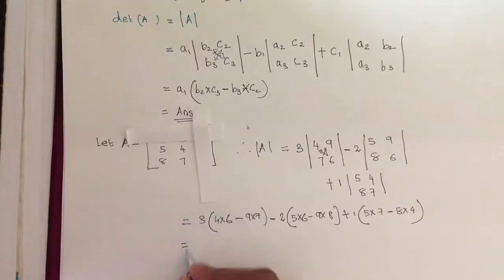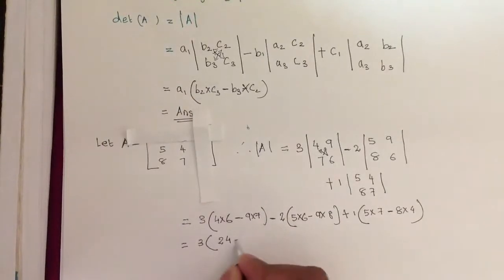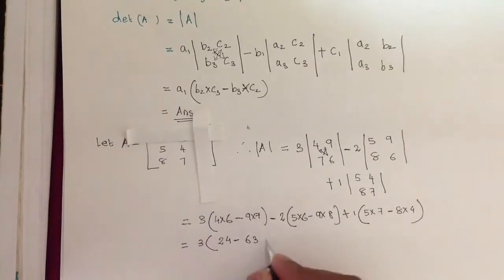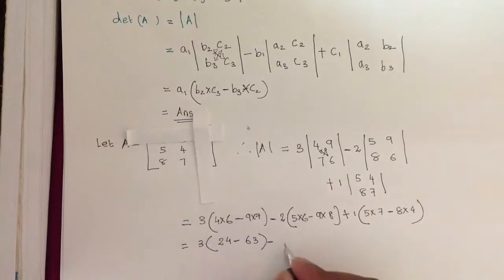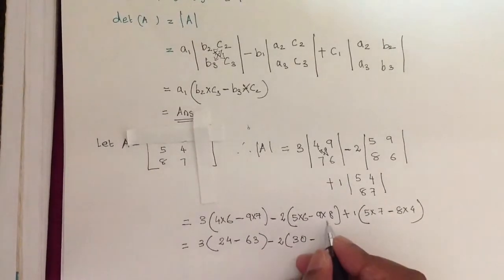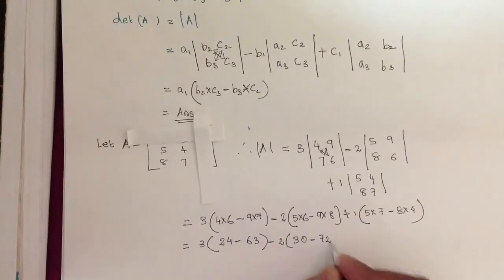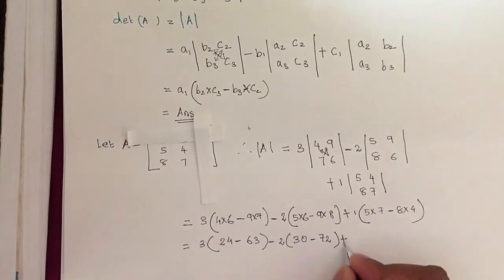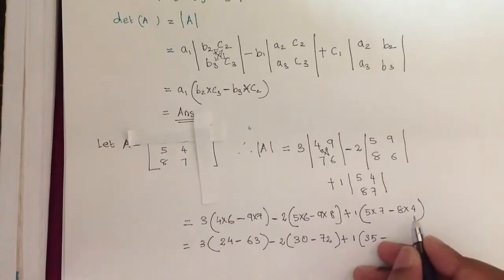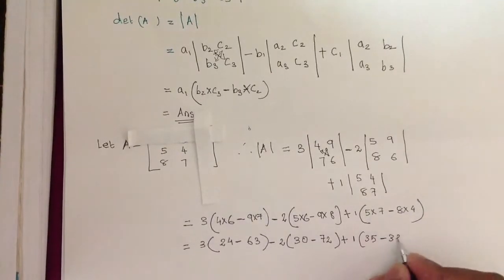So it is equal to 3 times (4 into 6, 24, minus 9 into 7, 63), minus 2 times (5 into 6, 30, minus 9 into 8, 72), plus 1 times (5 into 7, 35, minus 4 into 8, 32).